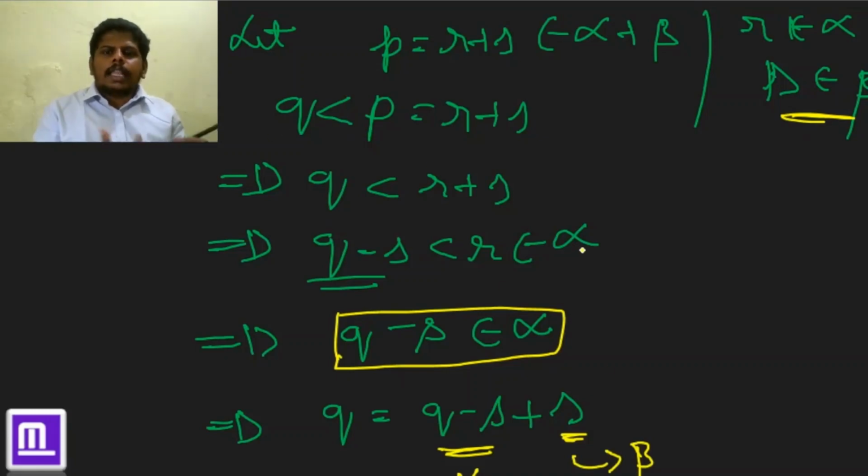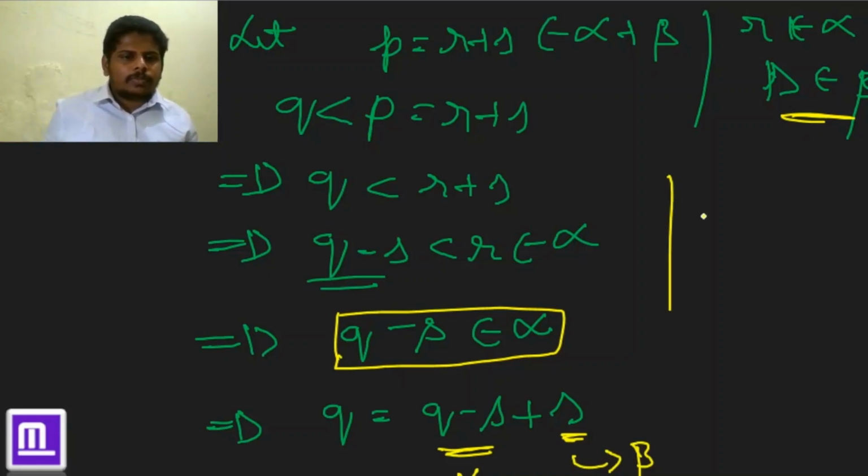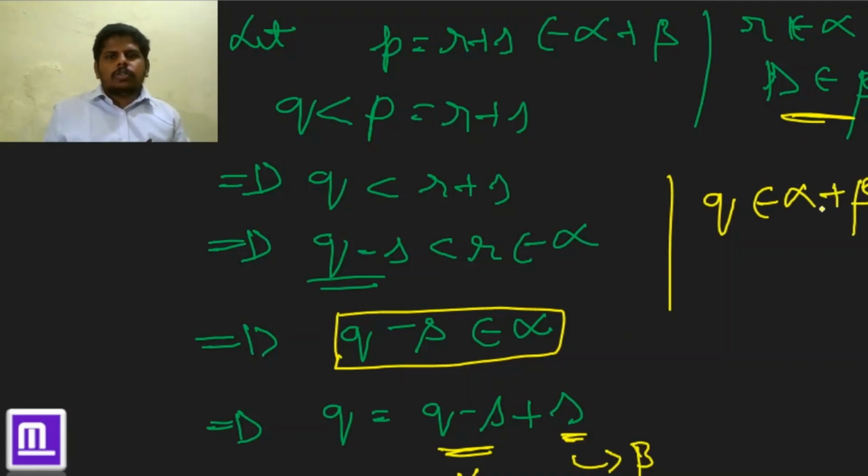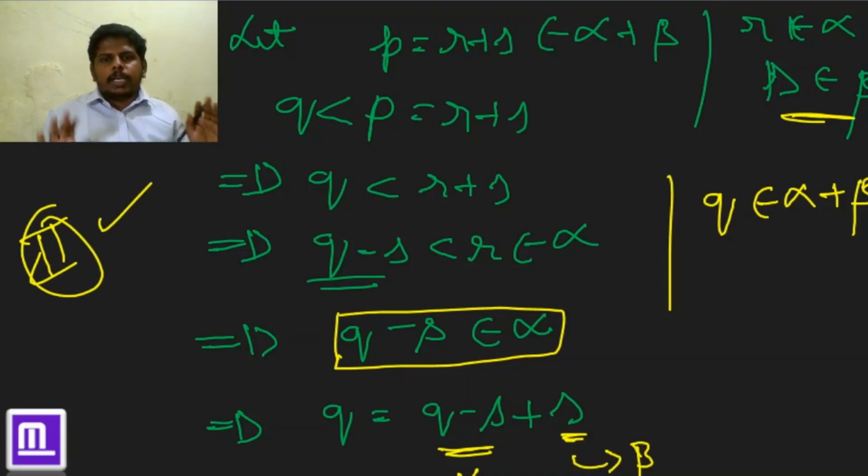So if you give us any rational number less than p, that is r plus s, we can find one more rational number depending on s, q minus s plus s, such that q also belongs to alpha plus beta.